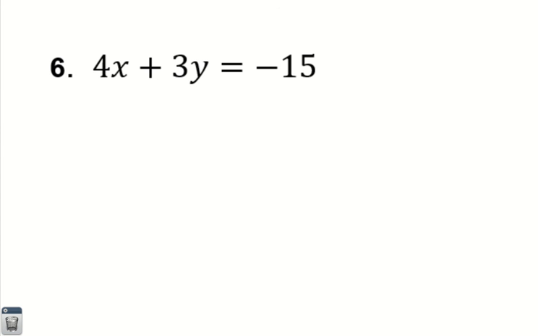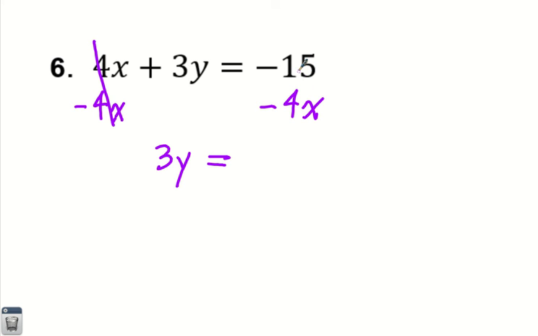Try this one on your own, pausing the video, hopefully. So again, the order always matters, right? Get rid of this term before dividing both sides by 3. So over here, check it out.